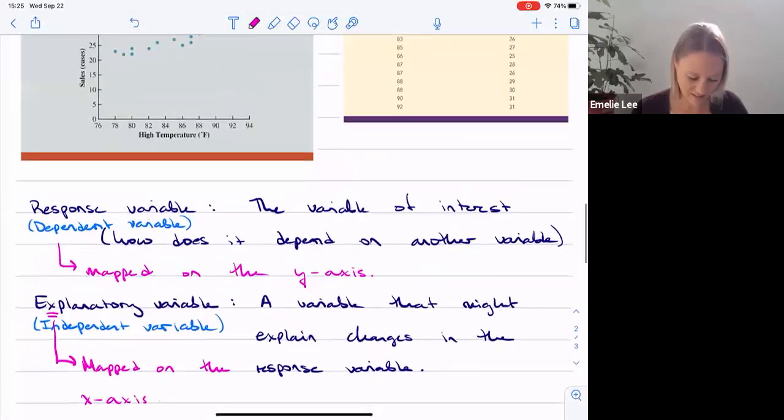We already talked about the x-axis, you've got a little guy going down. So the explanatory variable or the independent variable is mapped on the x-axis. You can have more than one explanatory variable, whereas you typically only have one response variable. You only have one variable that's involved in your research question. Everything else is just trying to explain changes in the response variable.